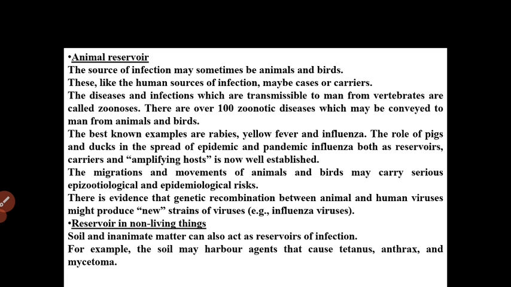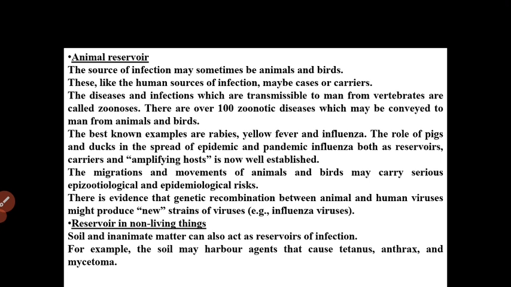There are over 100 zoonotic diseases which may be conveyed to man from animals and birds. The best examples are rabies, yellow fever, influenza. Now, the role of pigs and ducks in the spread of epidemic and pandemic influenza, both as reservoirs, carriers, and amplifying hosts, is now well established. Yeah, you all know this.